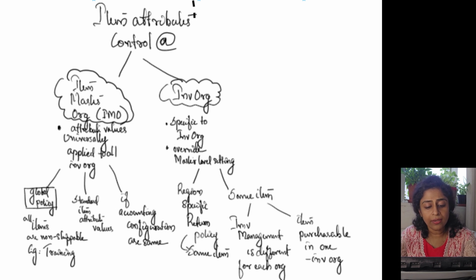At org level, the attributes can differ by organization, giving flexibility for regional needs. For example, making an item returnable in one country and not in another due to local regulation. In short, the master level ensures standardization while org level allows localization.